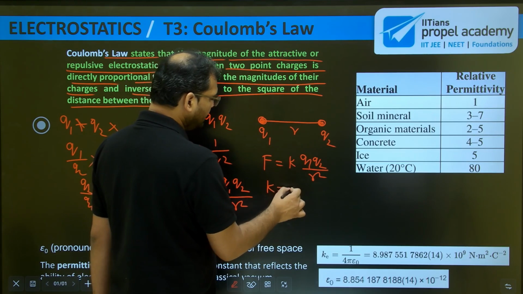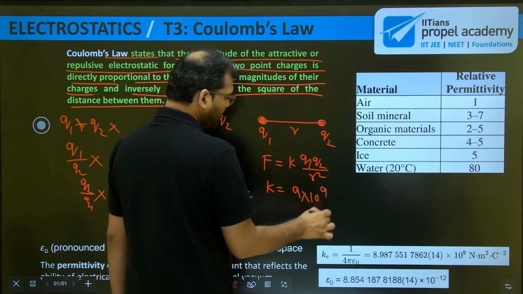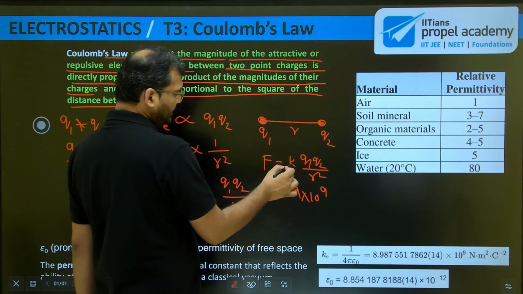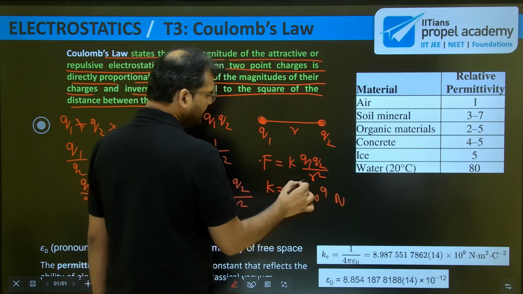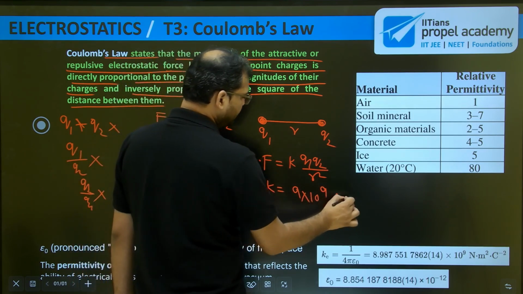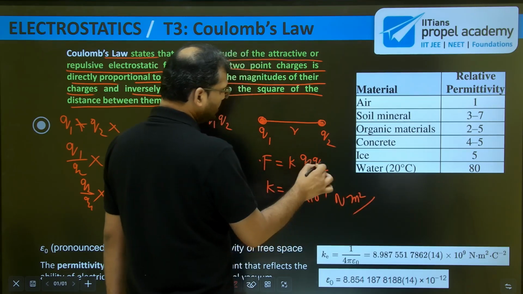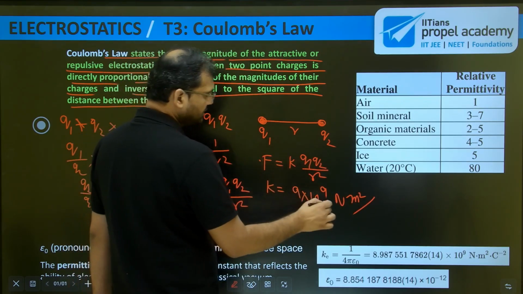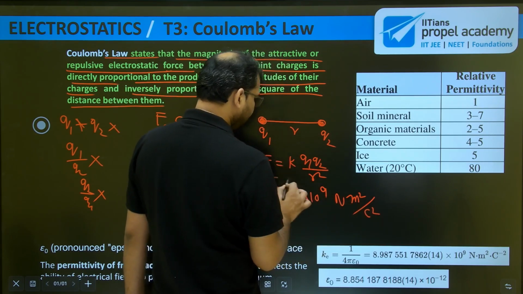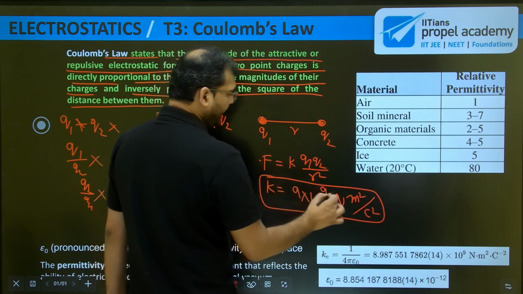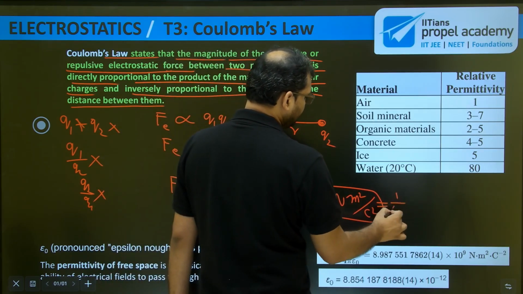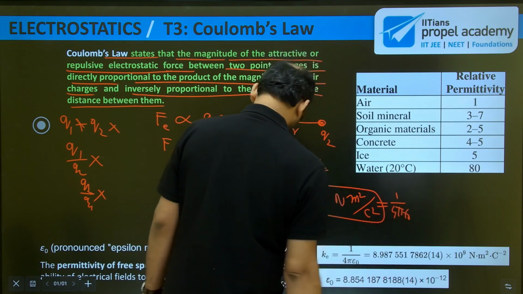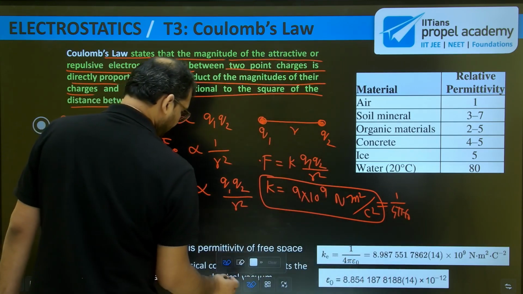Experimentally it was found to be 9 into 10 to the power of 9, and the units of K come from the units of force, that is Newton, R square moves to this side, which means meter square, and Q square moves this side, which means Coulomb square. This is the value of K, and actually this is 1 by 4 pi epsilon naught.